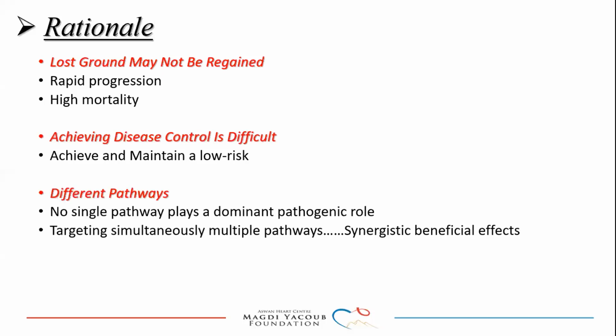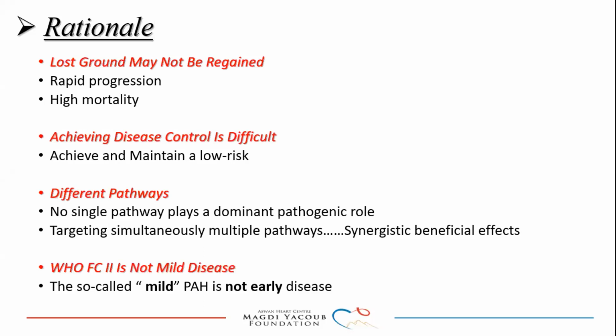Third point is that we have different pathways involved in the pathogenesis, as we have just shown. We know no single pathway plays a dominant pathogenic role, so targeting multiple pathways simultaneously will have the benefit of synergistic effects. Last, what's so-called mild disease is actually not an early disease. In a study assessing the efficacy of bosentan on patients with functional class 2.